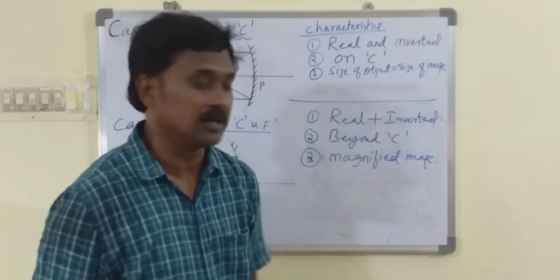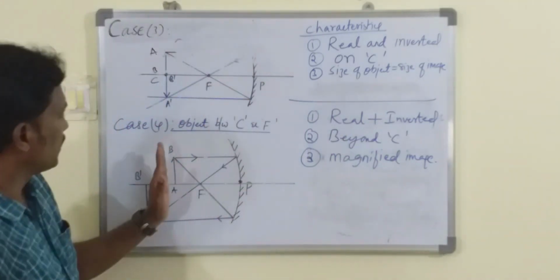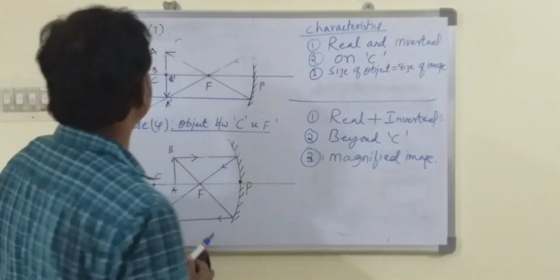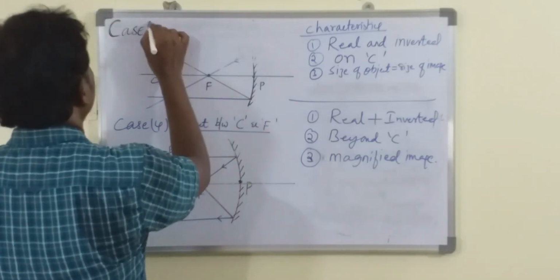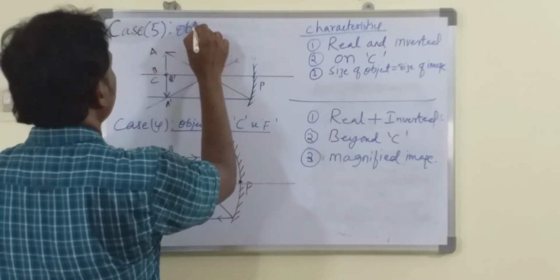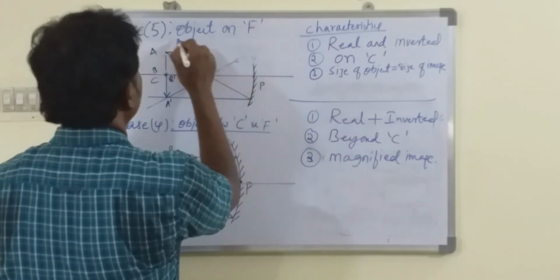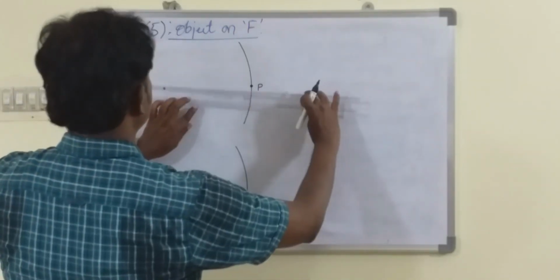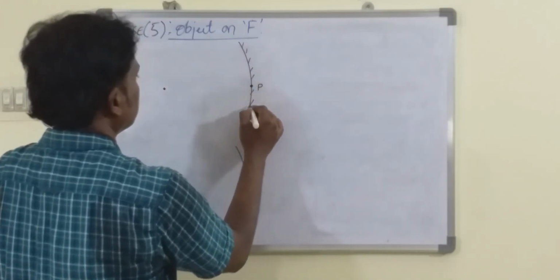Now let us go for the other cases. Let us see the fifth case, that is the object is on F. Okay, so this is the fifth case, children.